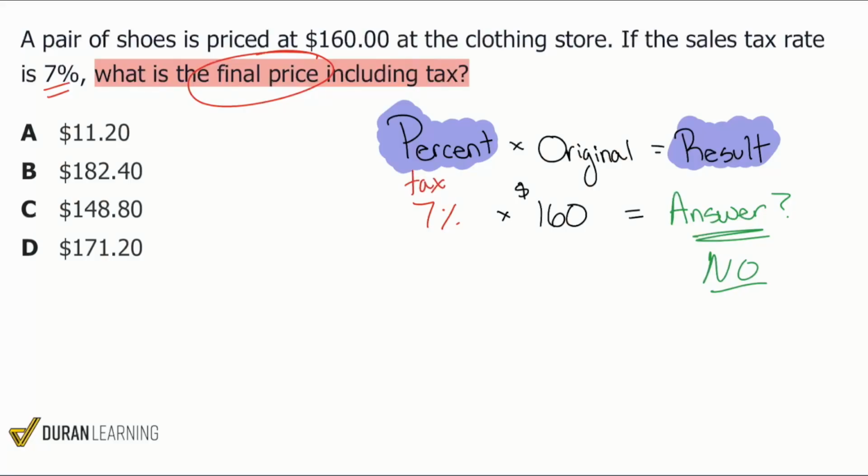Because this represents tax, the other side would represent tax as well. But are we looking for tax? Not only the tax, we want the final price, and that is the original price plus the tax, right? It's not just the tax itself that we're looking for.